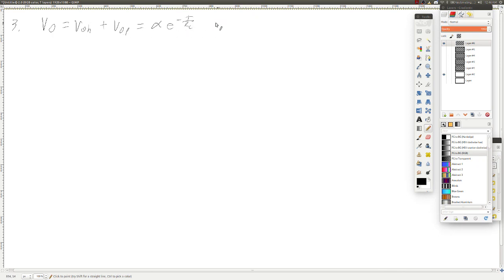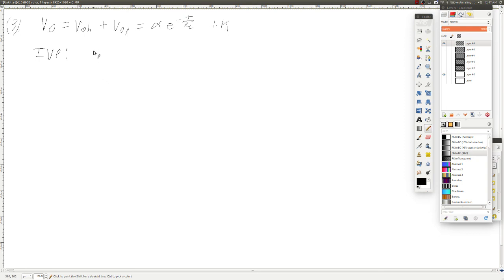And VOP is k. This means we're almost all the way there. All of our variables are solved for except alpha. And we can solve for alpha really easily by solving the initial value problem.